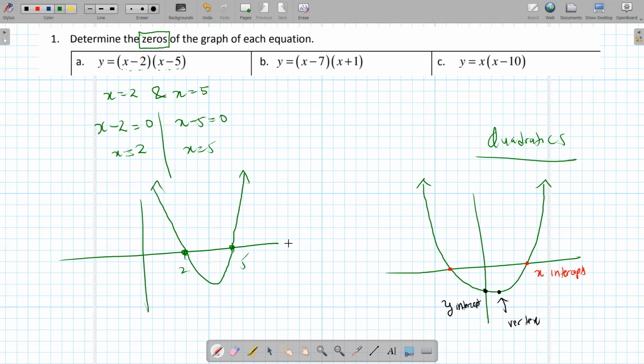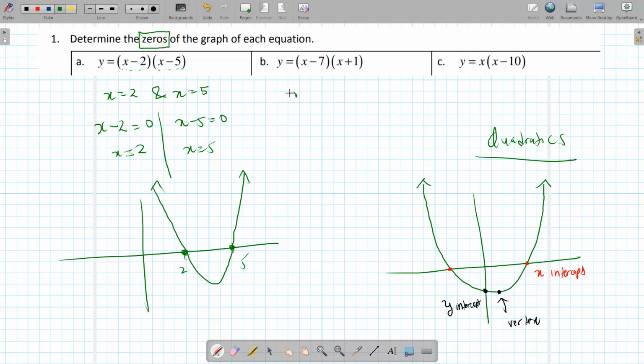Okay. Look at the second one. Where are its zeros? For B. Now you just flip the signs, right?